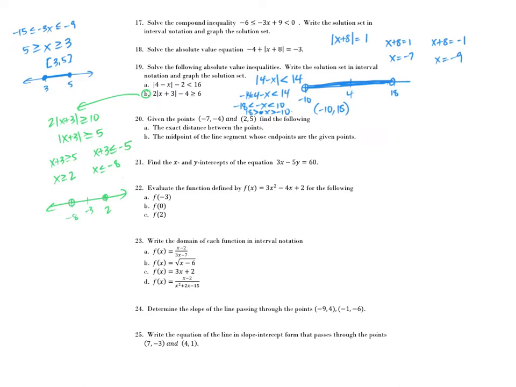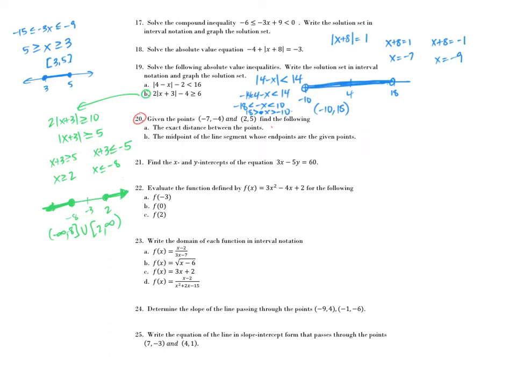And I want everything greater than or equal to 2 and everything less than or equal to negative 8. So it's that way. So it's negative infinity to negative 8 with a bracket, union, 2 to infinity with a bracket.